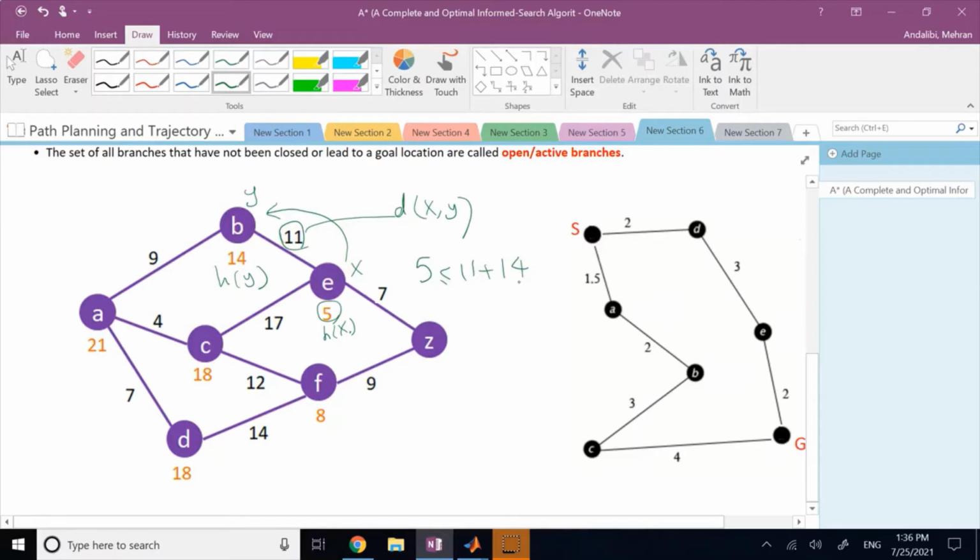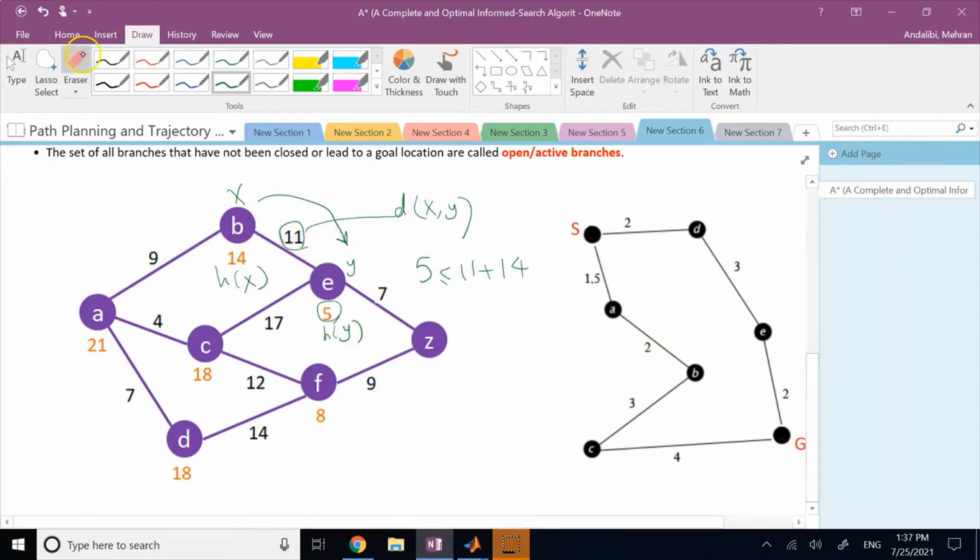Now you might say, what if I switch the order? What if I go from B to E? Then I switch the location between x and y. Here I set this x, this y, and I go this way.